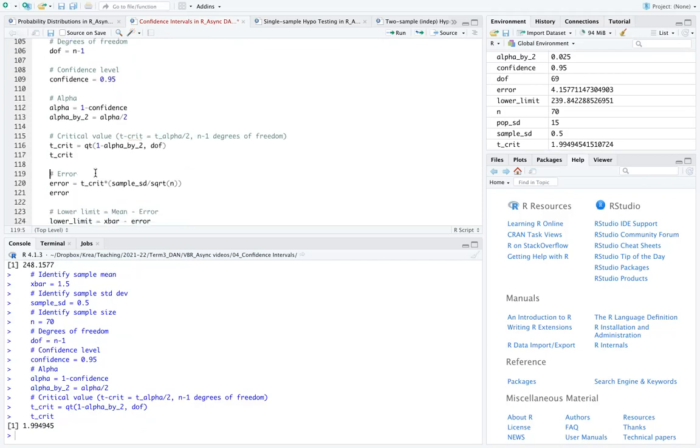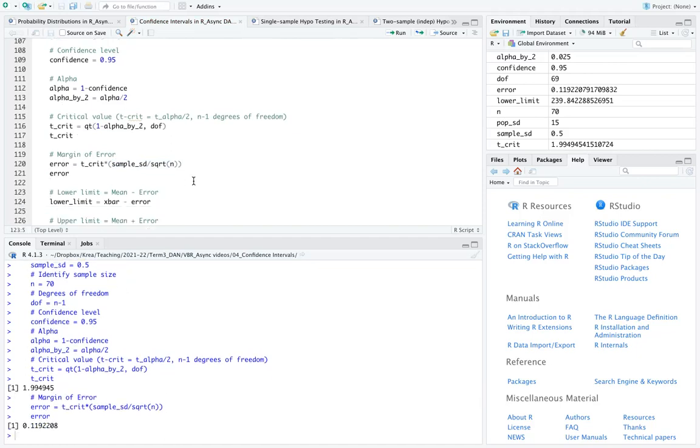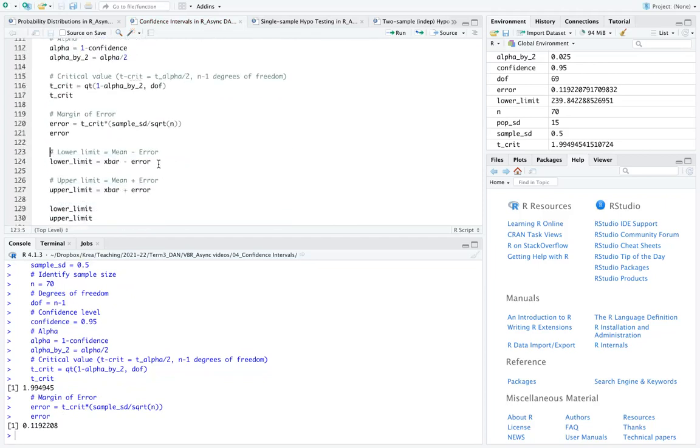Now, once you know the critical value, the margin of error is just given by this critical value times the sample standard deviation divided by the square root of n, which is what I've put into this formula here. So given that we've already defined sample SD, n, and the others, let me compute the error. Turns out the error is about 0.119 hours. So let's get the lower limit.